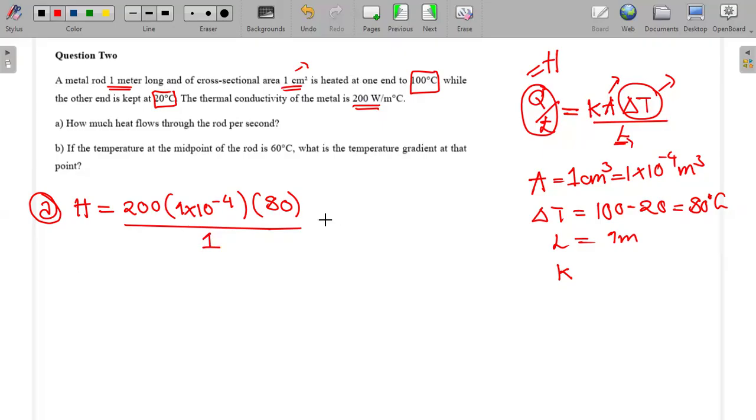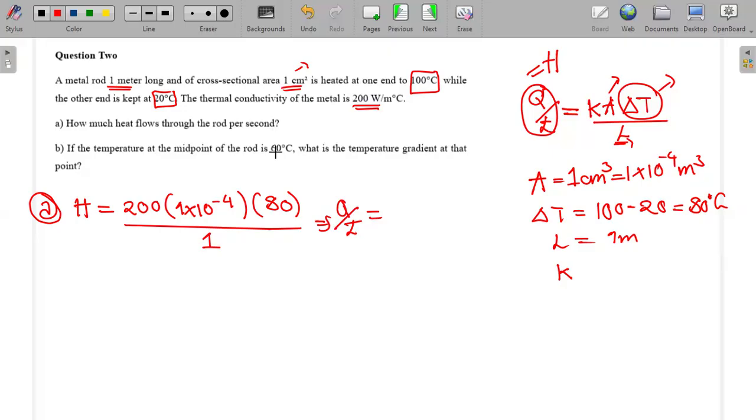That means our rate, our Q over T here, will be equal to, just plug this in directly, 200 multiplied by 1 exponential minus 4 multiplied by 80 divided by 1.